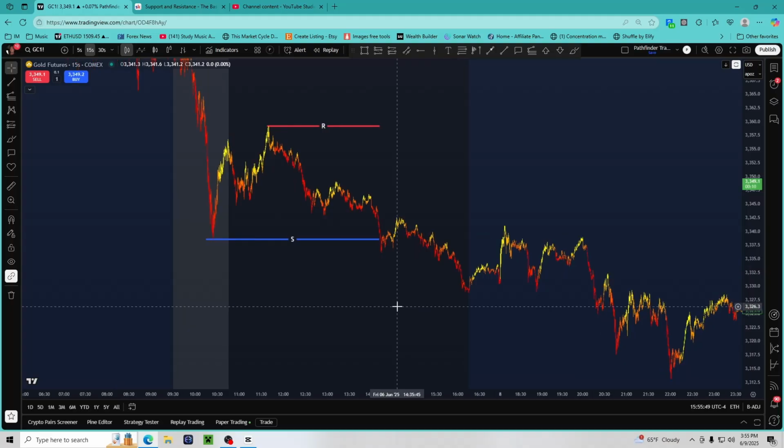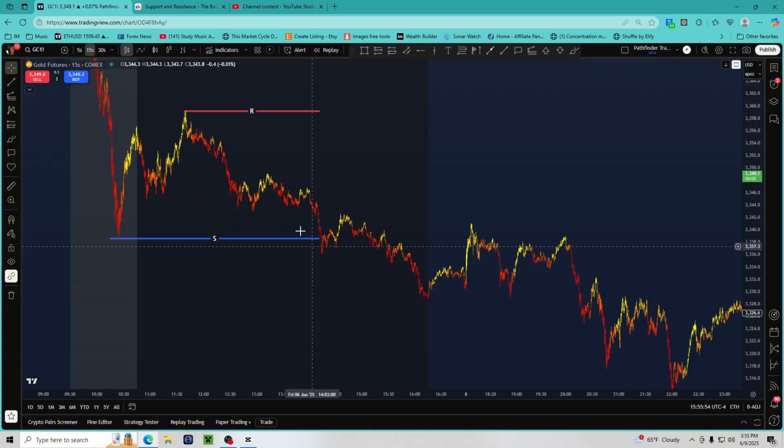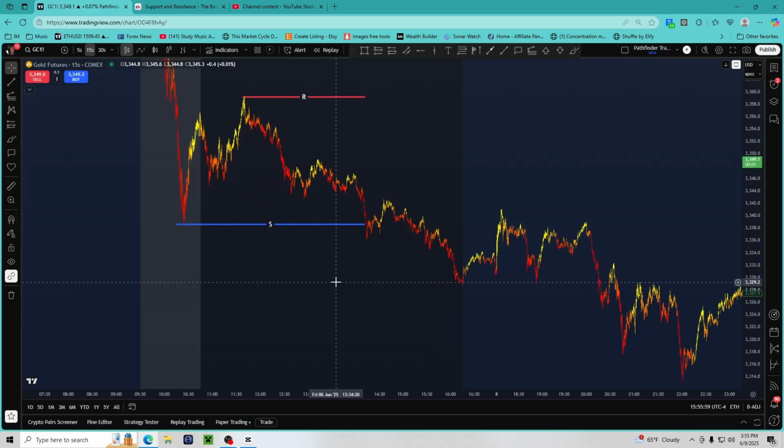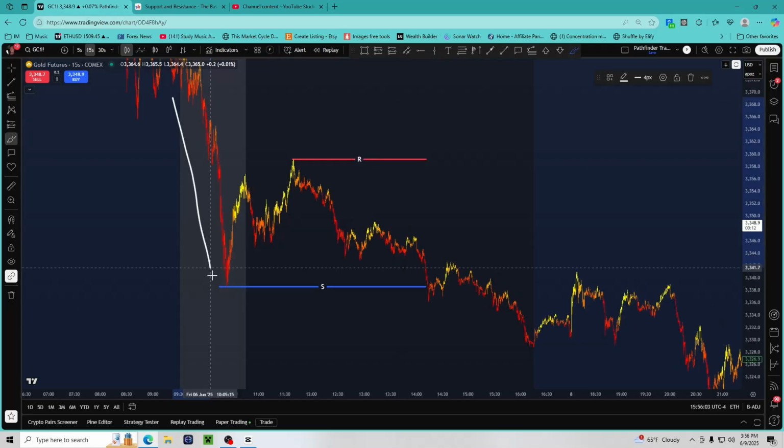And what we look for is for price to break either the support or the resistance level. So what we can see here is the market has moved down.